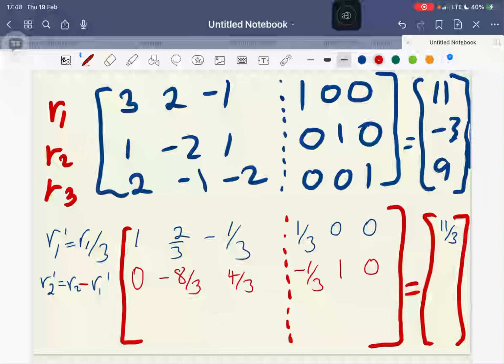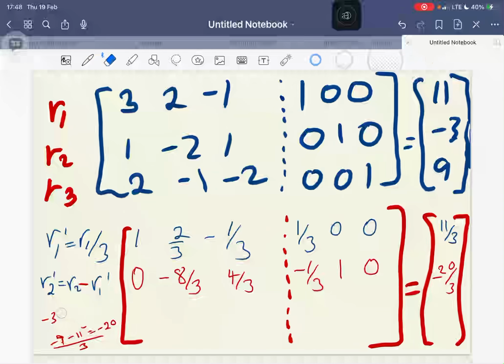Our LCM here is 3. Minus 3 becomes minus 9, minus 11, giving us minus 20 over 3. So here is minus 20 over 3.